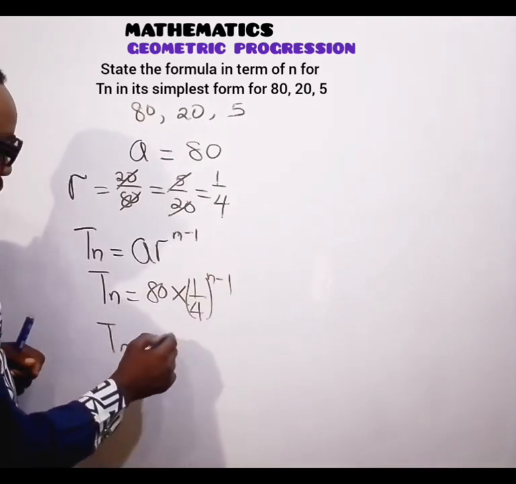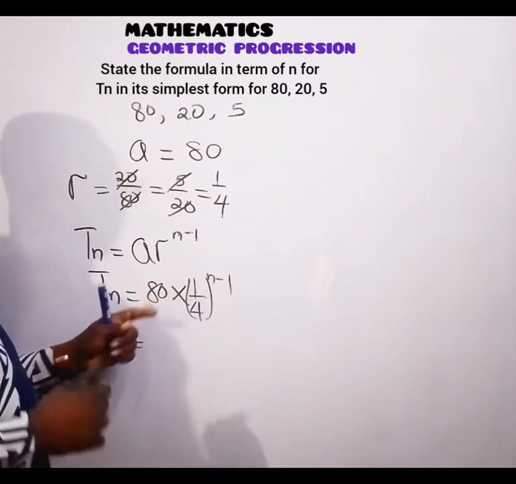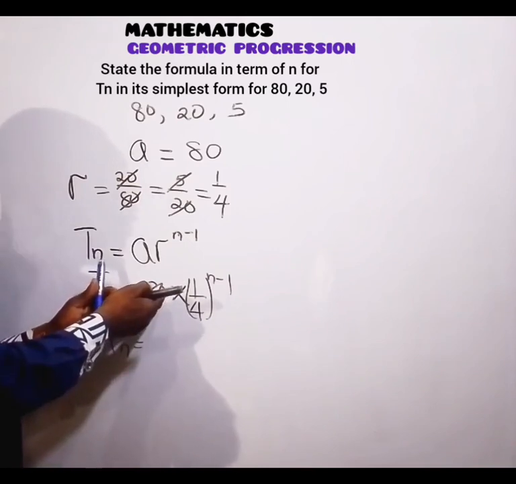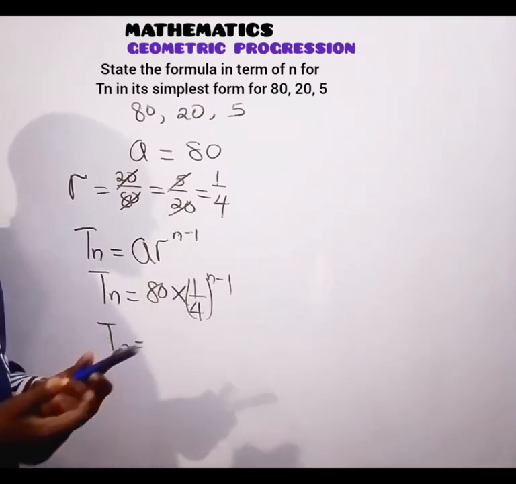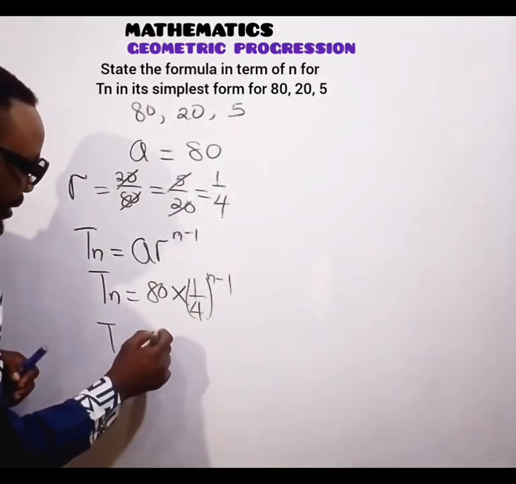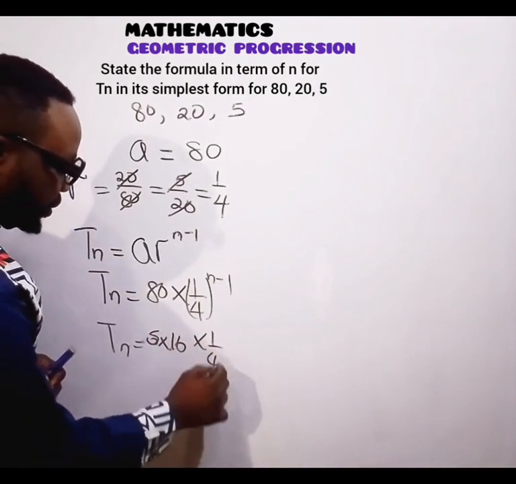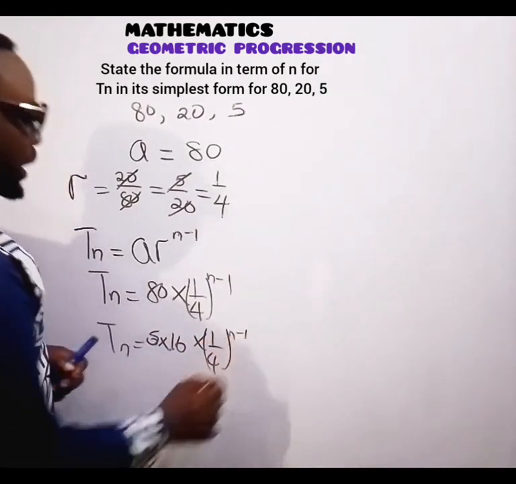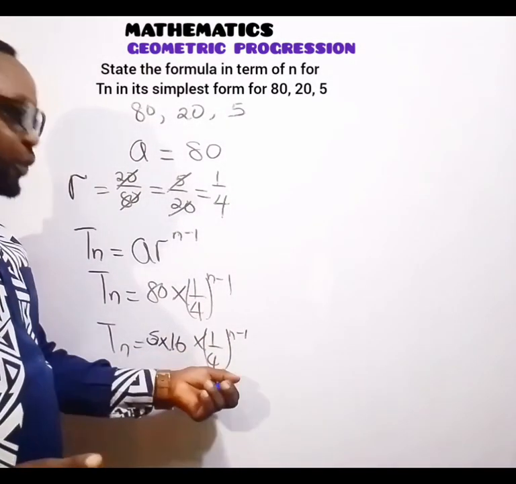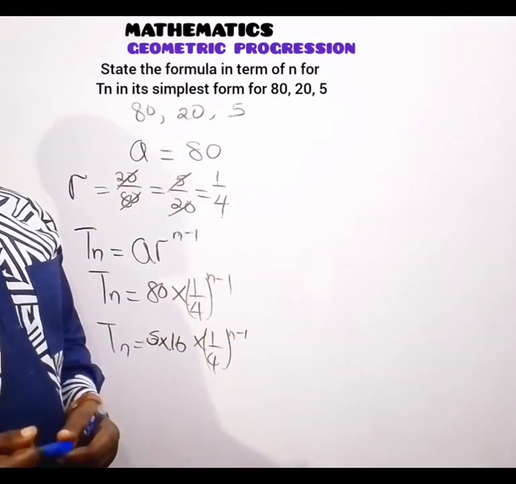N term is equal to, now we'll look for a value as we have done earlier. We'll look for a value that when we multiply that value by 4, you're going to get this 80 here. So I think the value I'm going to make use of here is 5 multiplied by 16. That is 5 multiplied by 16 multiplied by 1 over 4 raised to the power of n minus 1. Now, if you look at it very well, you see that this 16 is not 4, but we can convert it to 4. What when we say 4 raised to the power of 2?